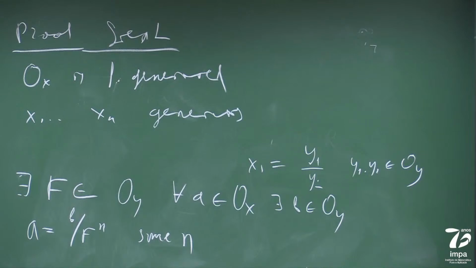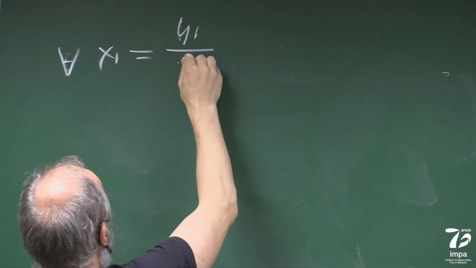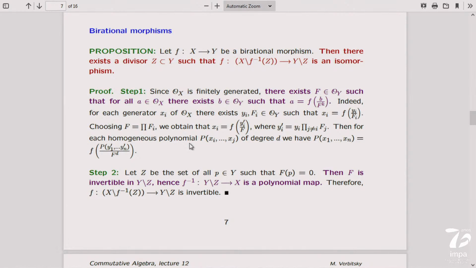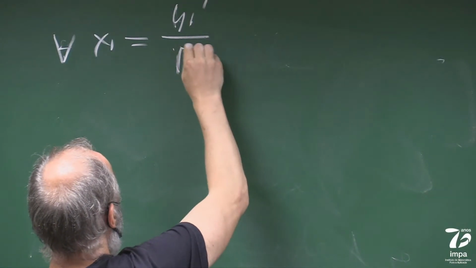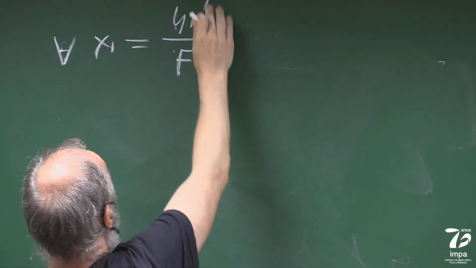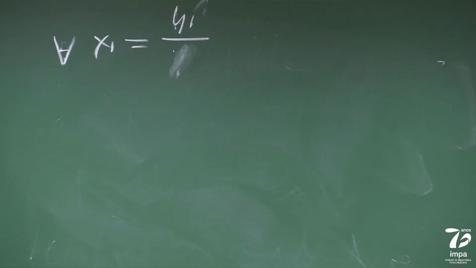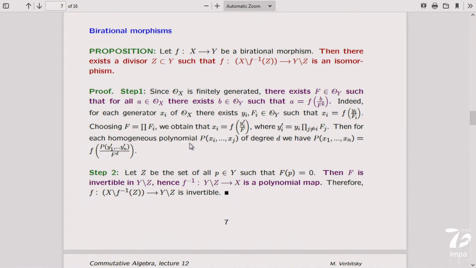Indeed, each xi, these are our generators, is written as yi divided by fi.